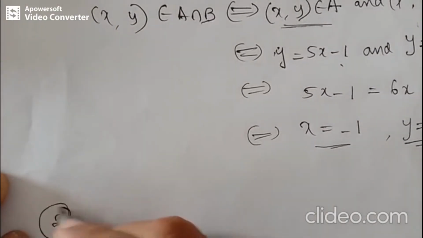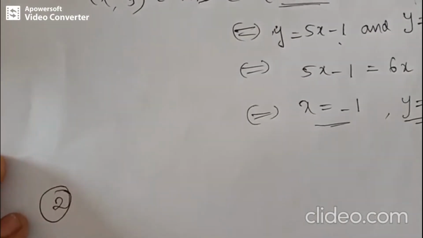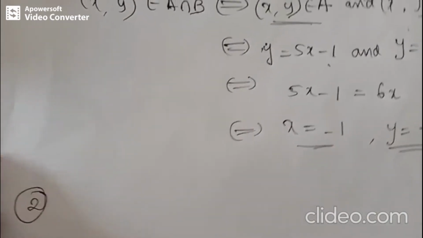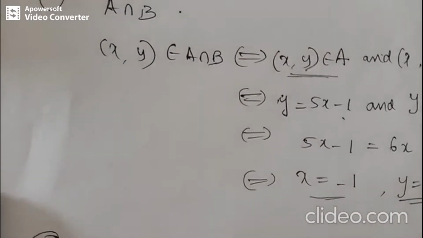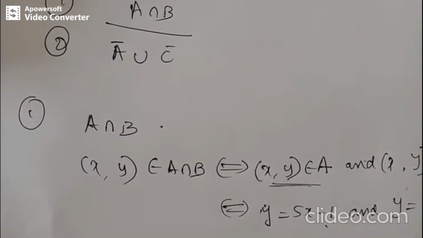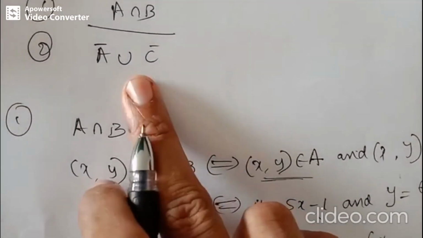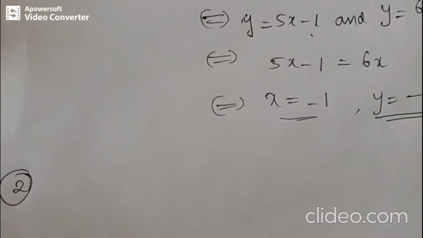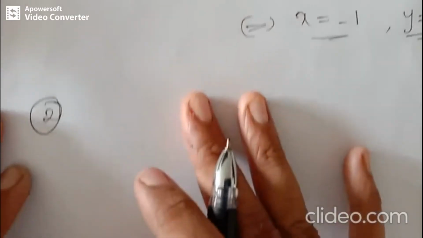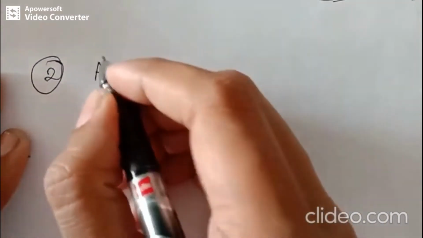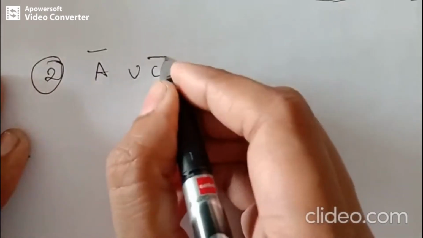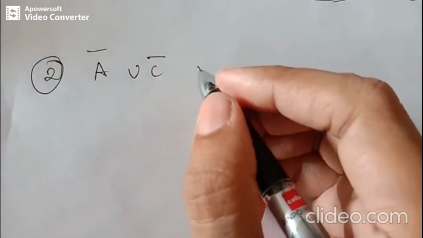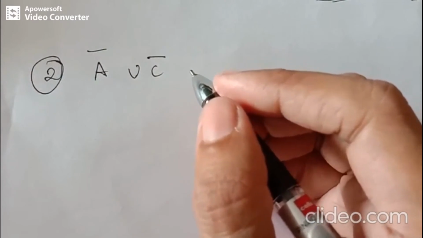So in the second question, you are supposed to find out A complement union C complement, the whole complement. So how do you find it out? So we know A complement union C complement. You know De Morgan's law, it is the same.